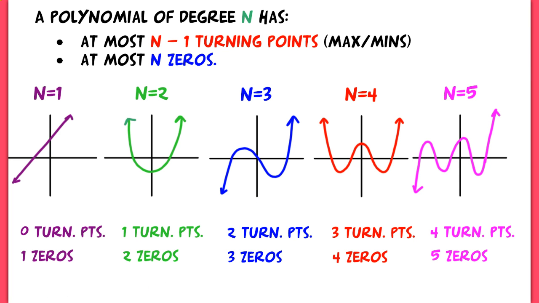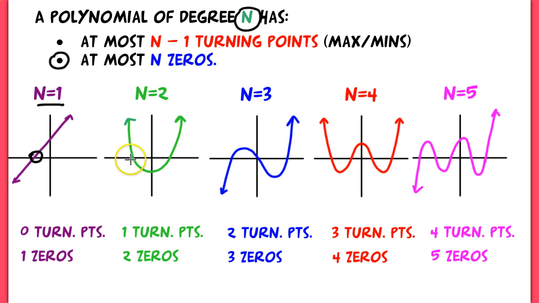Now, there's another important tie-in to yesterday's lesson. Remember how we were discussing the zeros of a function? When you look at the degree of a polynomial, let's say it has a degree of n, then it has at most n zeros. If we're looking at a linear function, the degree is 1, so it's going to cross the x-axis exactly once, and it has 1 real zero.